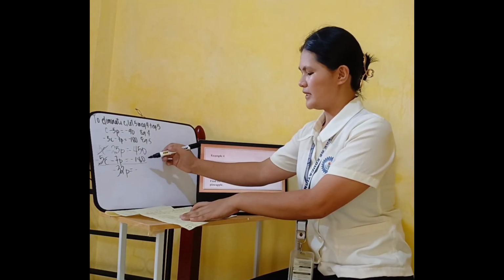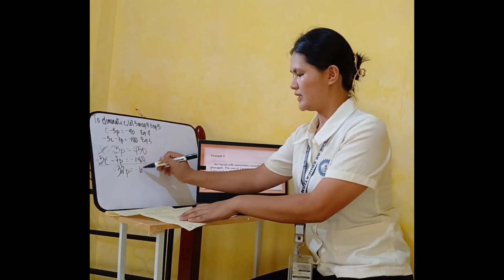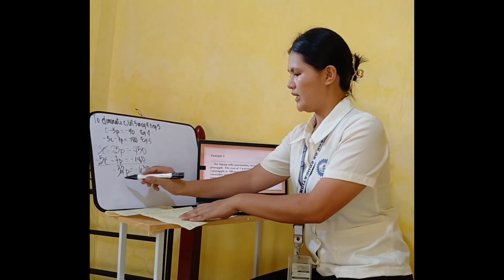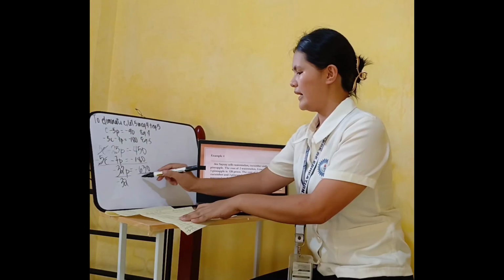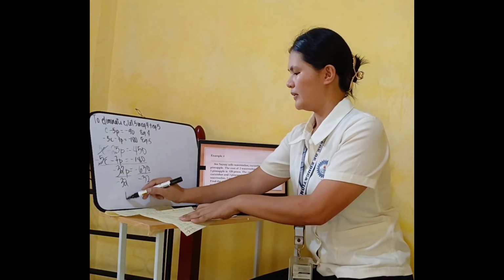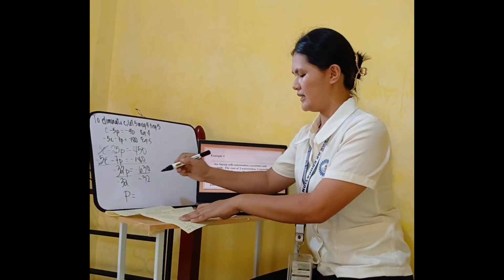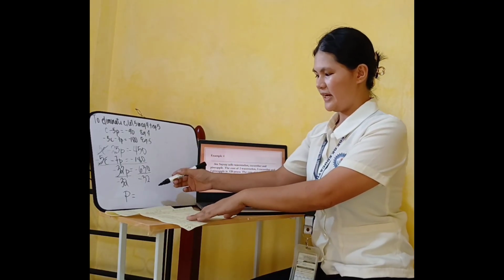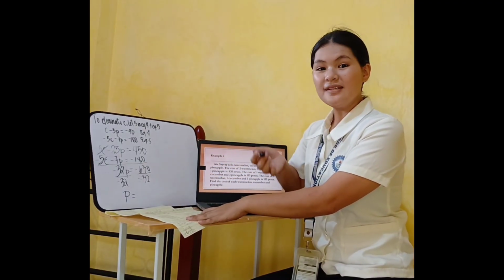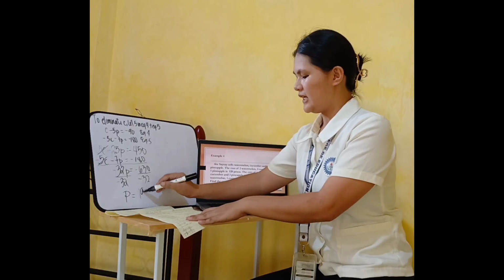So, 450 plus 180 is equal to 630. Divide both sides sa negative 32. Matitira na lang is si variable natin na si P. Negative 630 divided by negative 32 is positive 19.69.